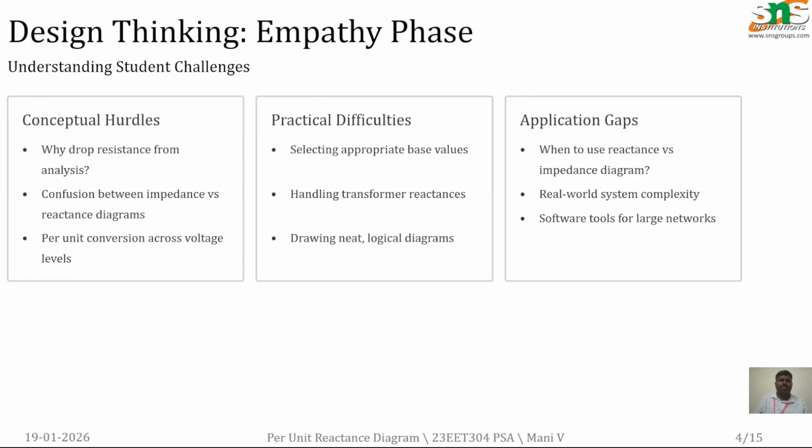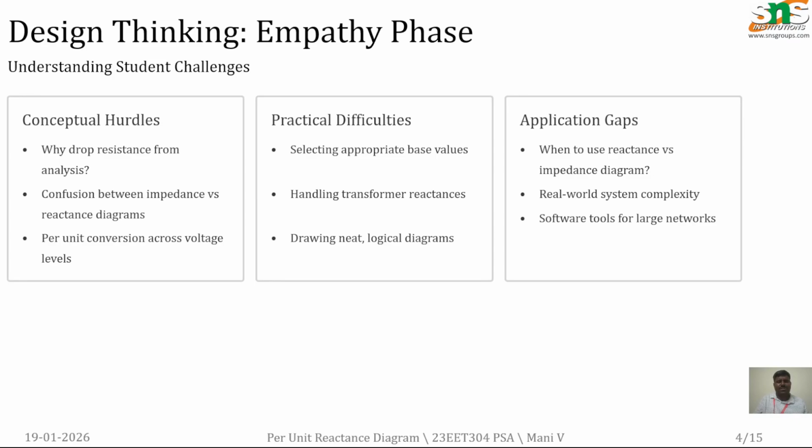While teaching, many people ask why we have to neglect the resistance in the analysis, and they have a lot of confusion between impedance and reactance. They also ask about the per unit conversion across different voltage levels and why we have to do it.